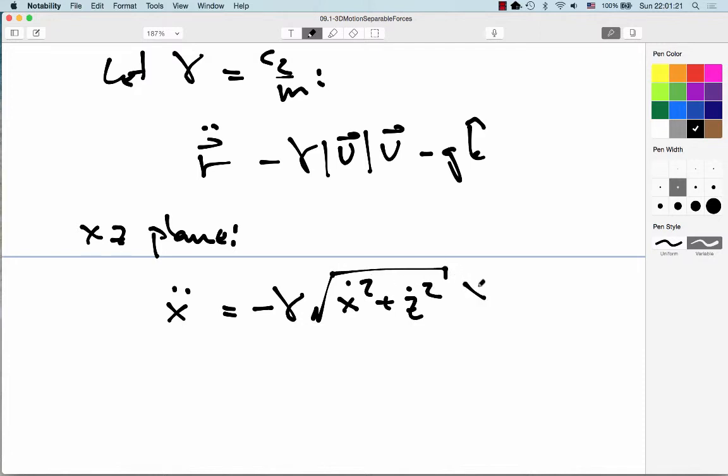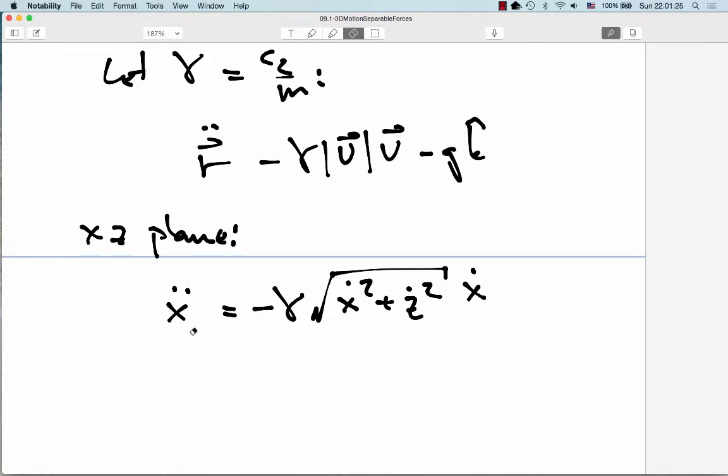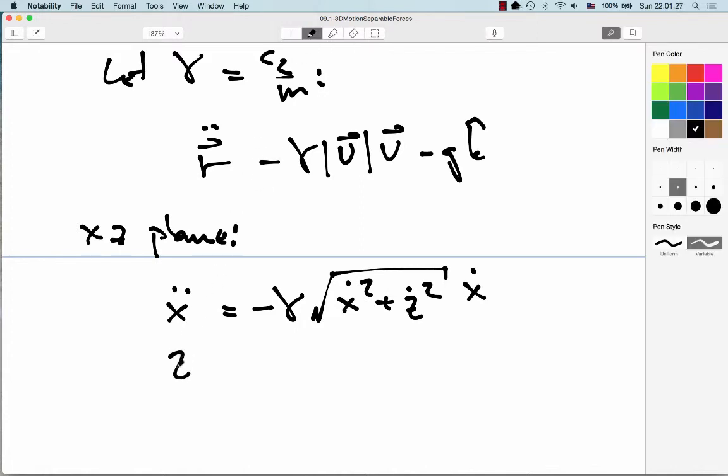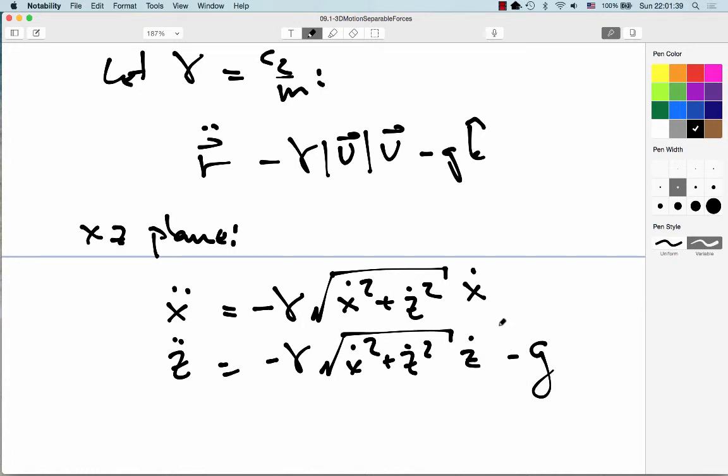Then we have x dot, then z double dot is going to be minus gamma, that same square root, x dot squared plus z dot squared, z dot, and then we have this bit here, minus g. That's the system. Now this is not separable.